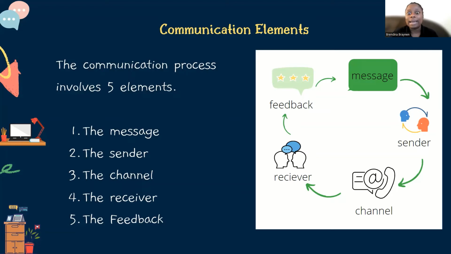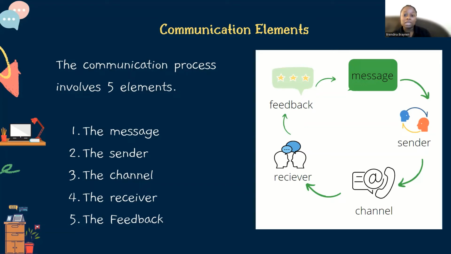And so I have to decide how I'm going to send it to you. Am I going to send it to your email? Am I going to put it on the radio? Am I going to use social media? All of that is important, because that's a part of choosing the channel to make sure that communication gets to you as soon as possible in a way that you can actually understand it as well.